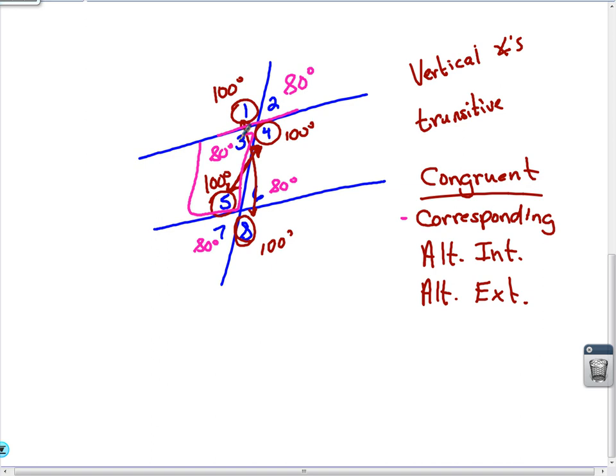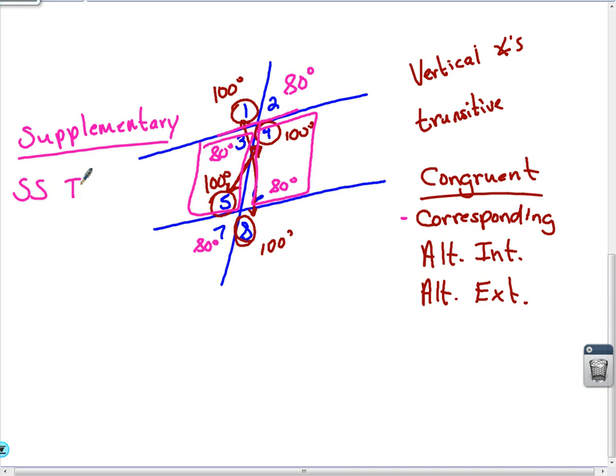One of them's 80, the other one's 100. Here's another set of same side interior angles. One of them's 80, the other one's 100. So those are supplementary. So your supplementary angles would be your same side interior. What about same side exterior? 2 and 8 are same side exterior. 1 and 7 are same side exterior, so therefore those would also be supplementary.